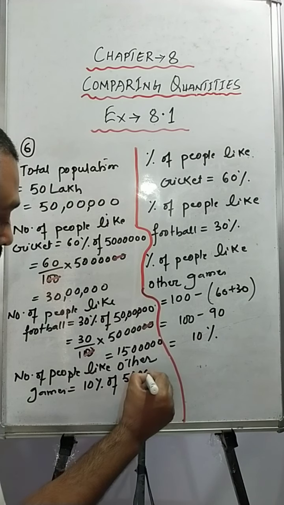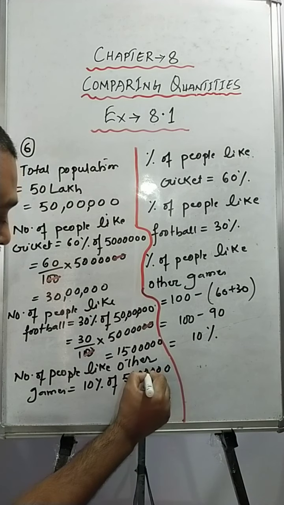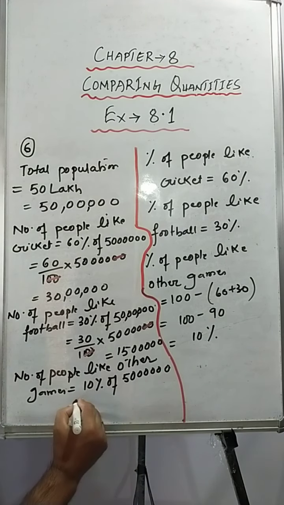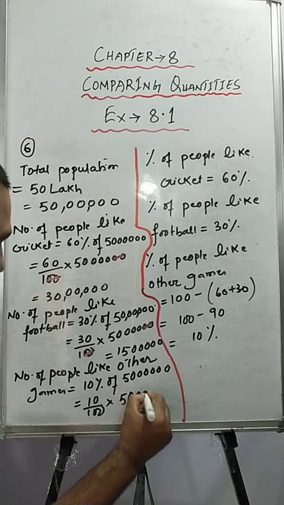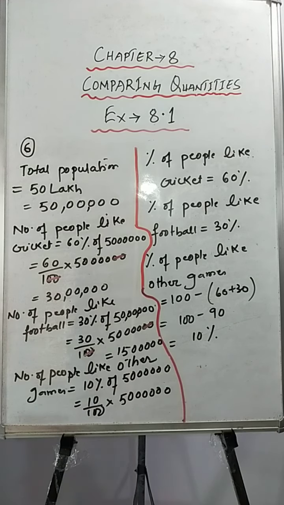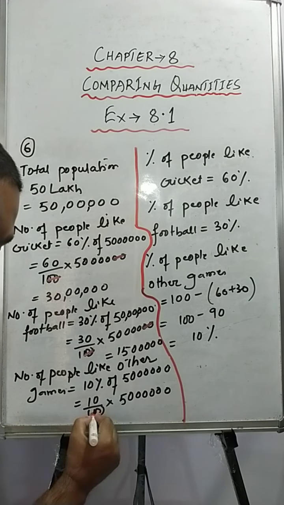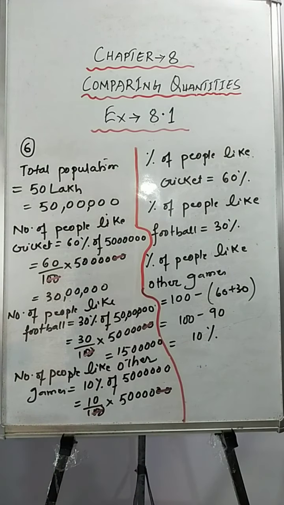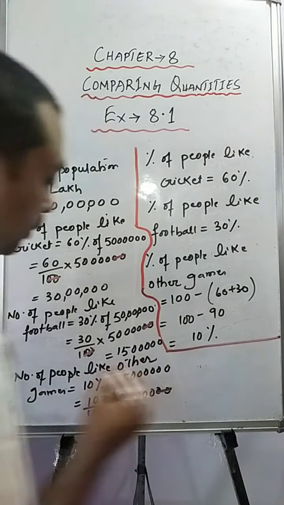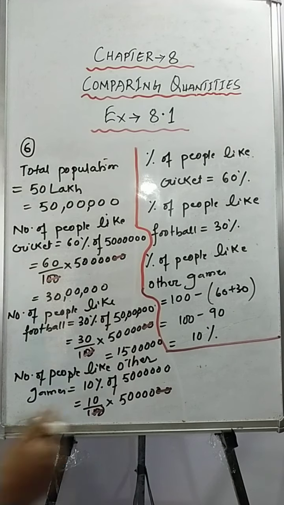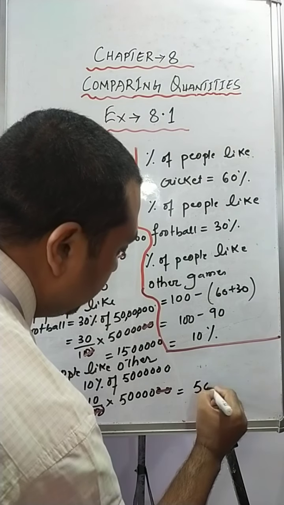So 10% of 50 lakh would be what? 10 by 100 into 50 lakh. Now again we'll reduce these two zeros. So what will be your required answer? Definitely it would be 5 lakh.